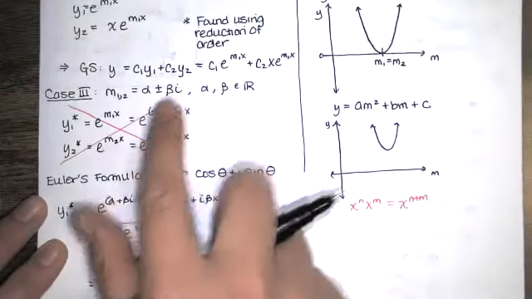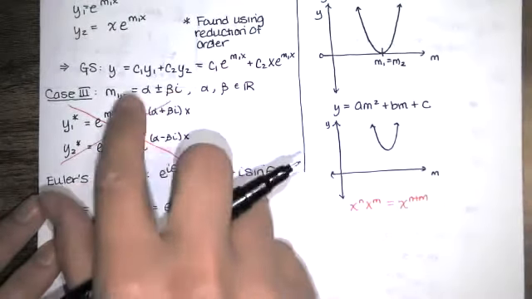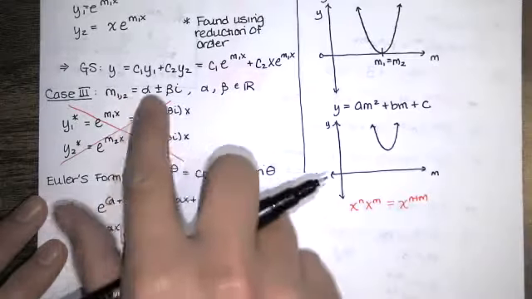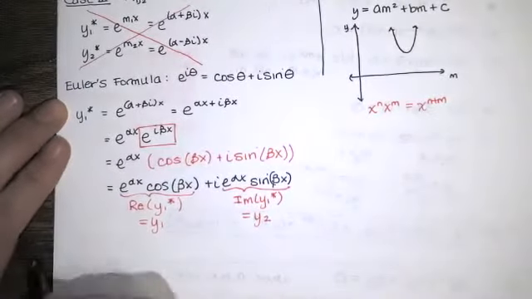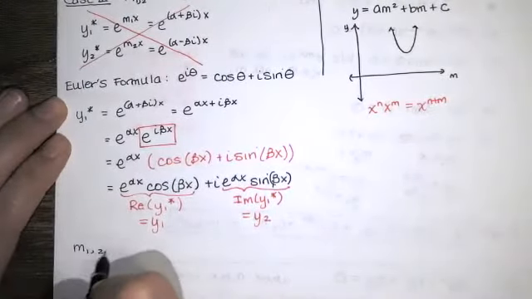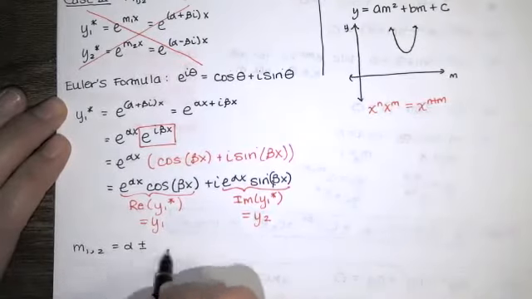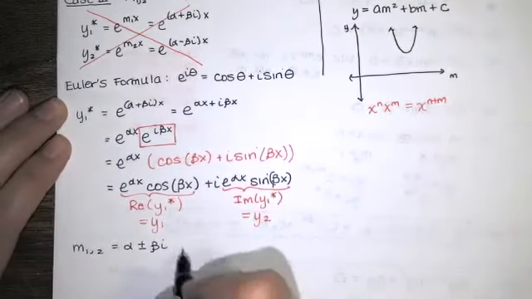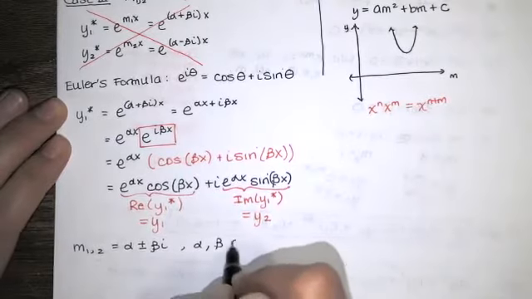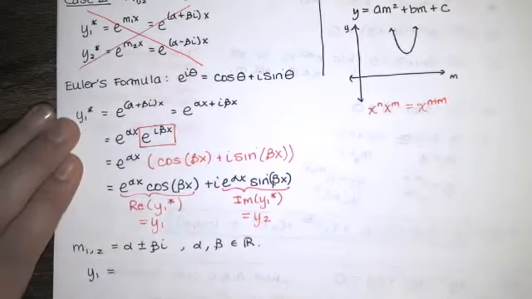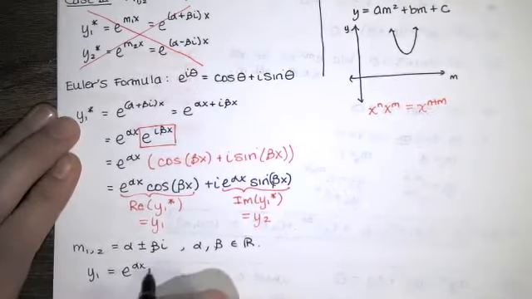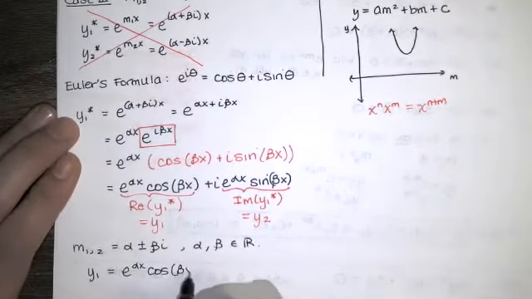So this complex conjugate pair gives us these two complex solutions, but those aren't the solutions we're looking for. These are the solutions we're looking for. So if m1 and m2 are given by alpha plus or minus beta times i, where alpha and beta are real numbers, then the first linearly independent solution is e to the alpha x times cosine of beta x.